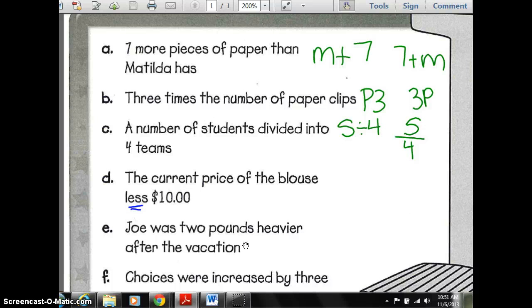And maybe you don't feel like the word than needs to be in there. You're still going to get the same expression. The current price of the blouse less $10. Shovel.